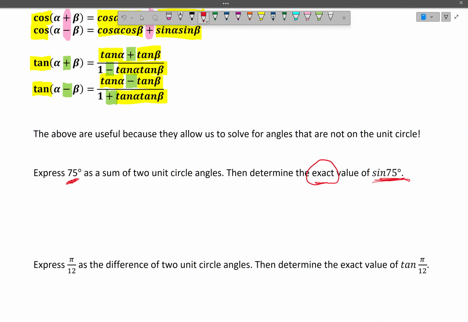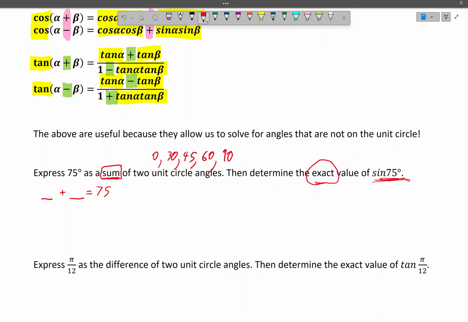Well, we need to have 75 as a sum, that means an addition, of two different numbers. So it equals one number plus another number from our unit circle. Now, we know a couple different numbers. We know 0, we know 30, we know 45, we know 60, and we know 90.